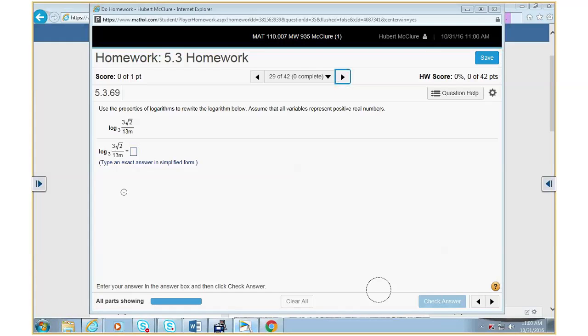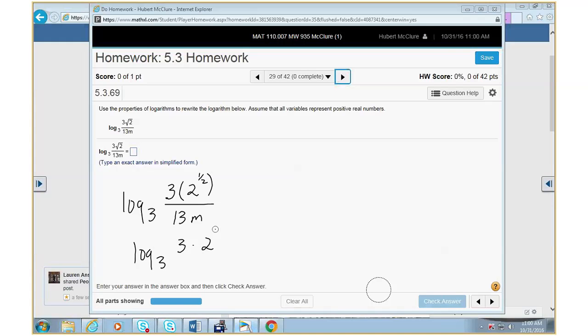Log base 3 of 3 times 2 to the 1/2 over 13m. And then that's going to be log base 3 of 3 times 2 to the 1/2 minus log base 3 of 13 times m.